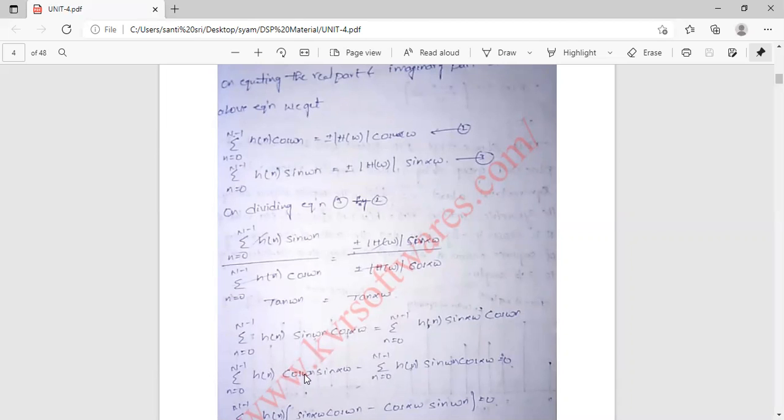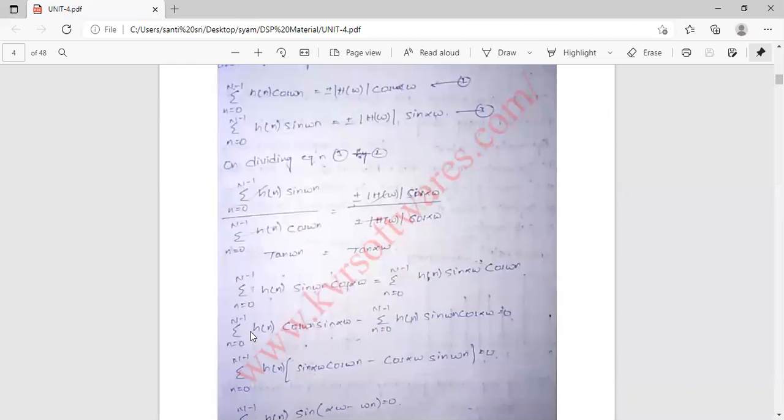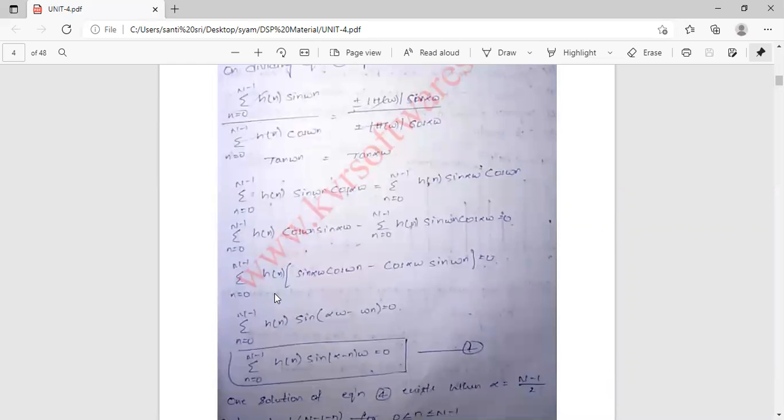So the summation over n from 0 to N minus 1 of h(n) sin(omega n) cos(alpha omega) is equal to the summation of h(n) sin(alpha omega) cos(omega n). So the summation of h(n) cos(omega n) sin(alpha omega) minus the summation of h(n) sin(omega n) cos(alpha omega) is equal to 0, or we can take the summation of h(n) as common.